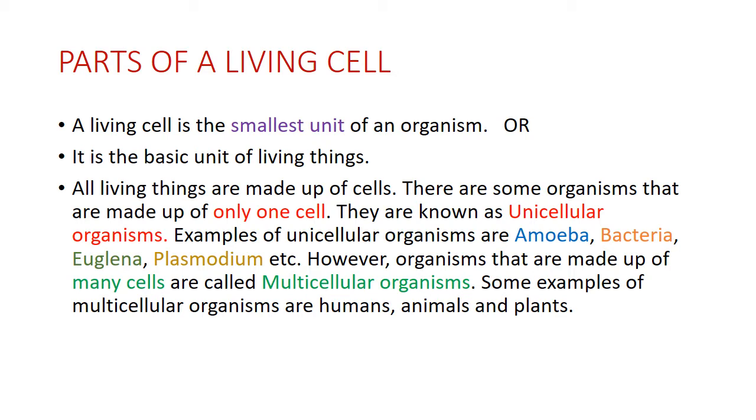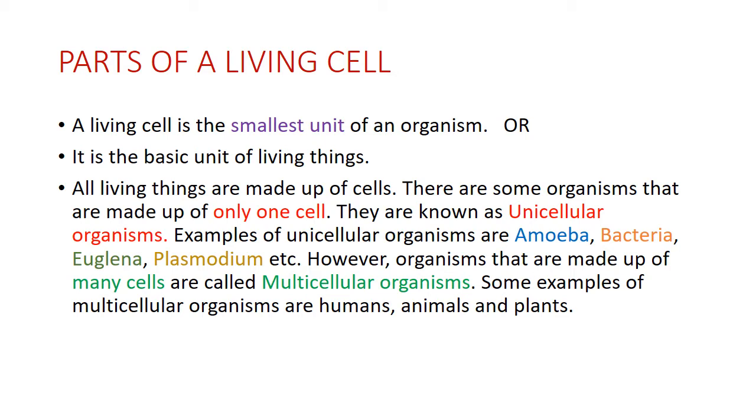You and I began as a single cell in our mother's womb, very tiny, and then as time goes on, you grow, you multiply, divide, multiply, divide, and then it grows up to give you you as you are seeing yourself now. So it would be right to say that all living things are made up of cells.